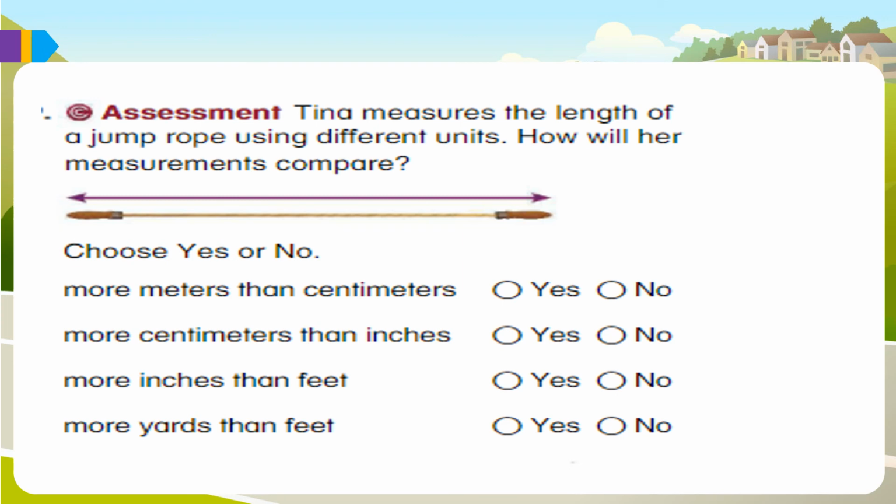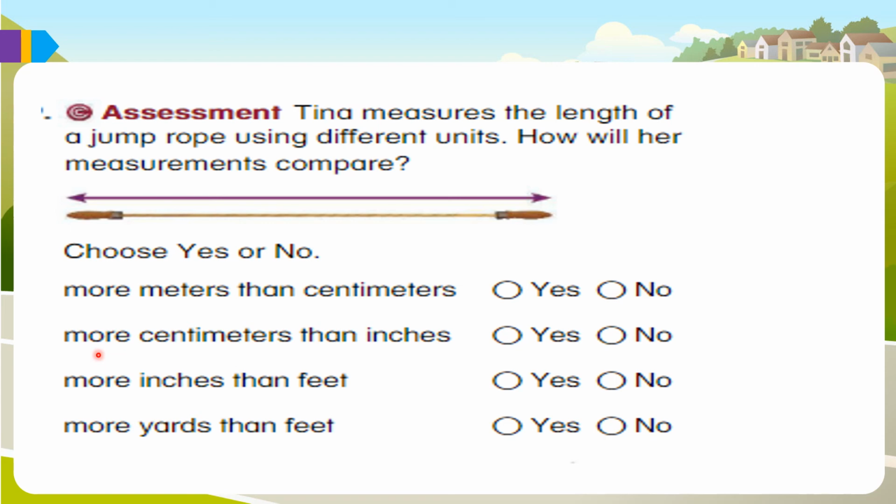Okay, next page. Tina measured the length of a jump rope using different units. How will her measurements compare? So you have to select yes or no. So more meters than centimeters. When you have to compare meters and centimeters, which are you going to use more, centimeters or meters?